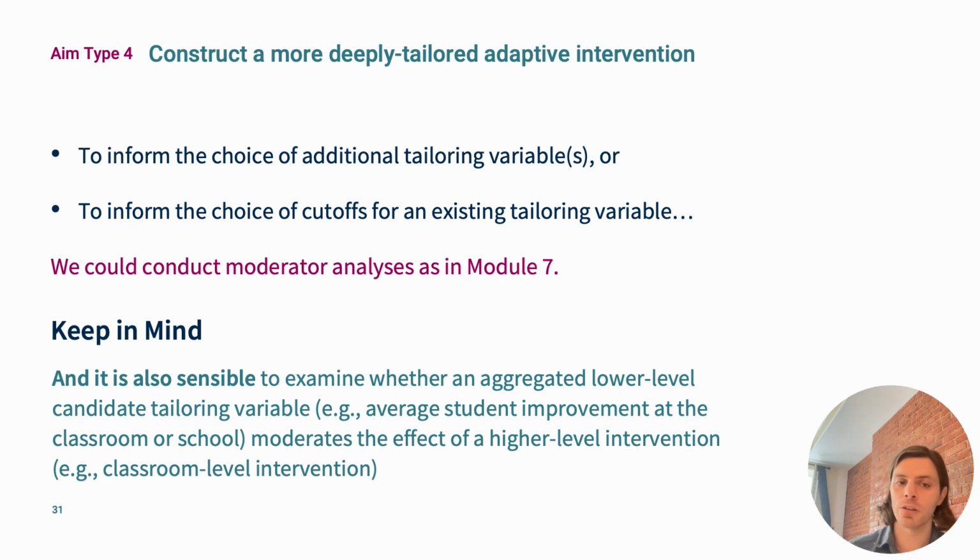So you could use average student improvement at the classroom level to see how that moderates the effect of a classroom level intervention. So this is actually what we were doing in ASIC, where we used an aggregate of school professional level data to make a decision for the entire cluster rather than using individual level data itself.